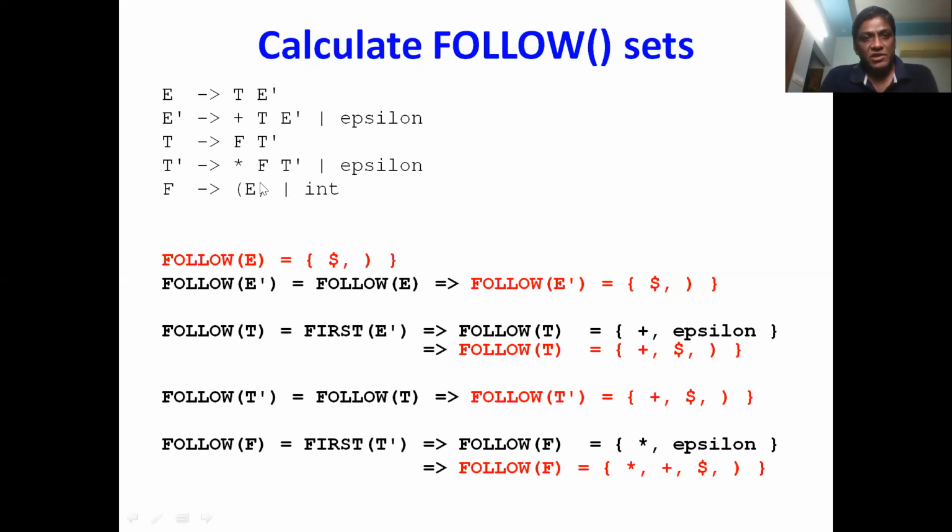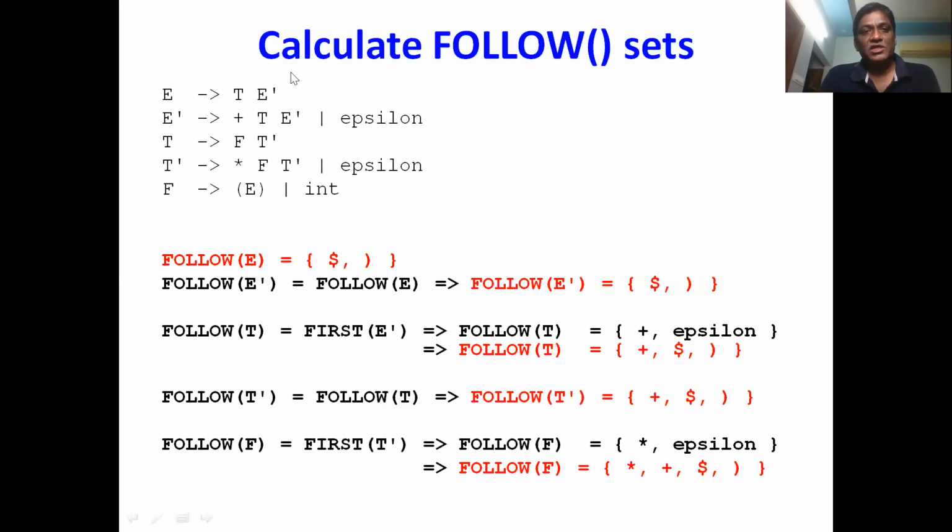If there is a terminal followed by it, include it. So followed by capital E, you have this terminal closed parenthesis. So include that closed parenthesis here. Okay. So follow of E directly contains dollar, and then because there is a terminal which follows this E, include it here.